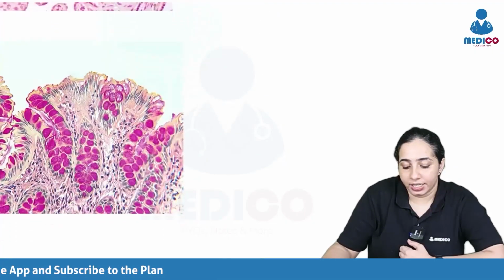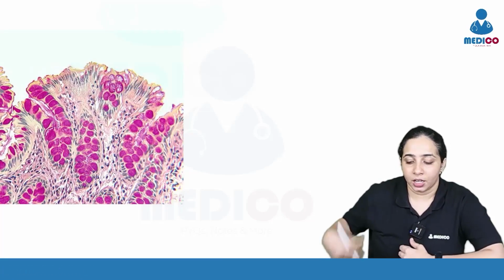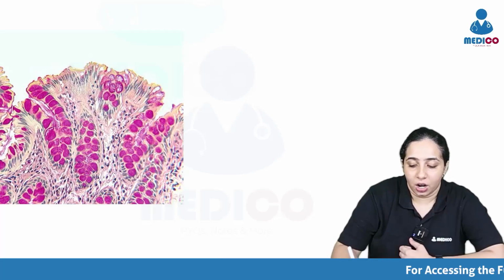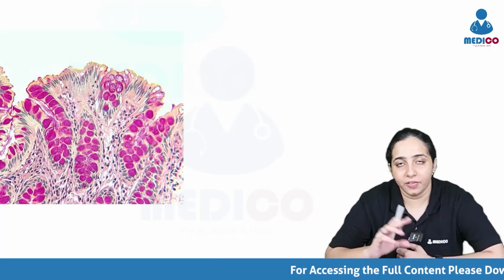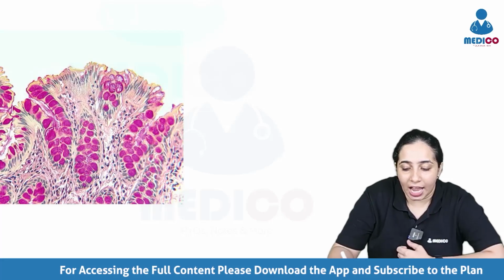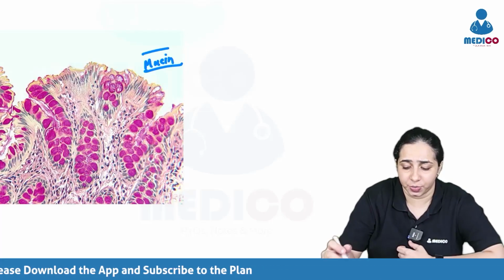Okay. Next image, again you have an epithelium. You have a lining, an epithelium, which has been lined by some cells containing, I am saying, mucin. Now why am I saying it is mucin?